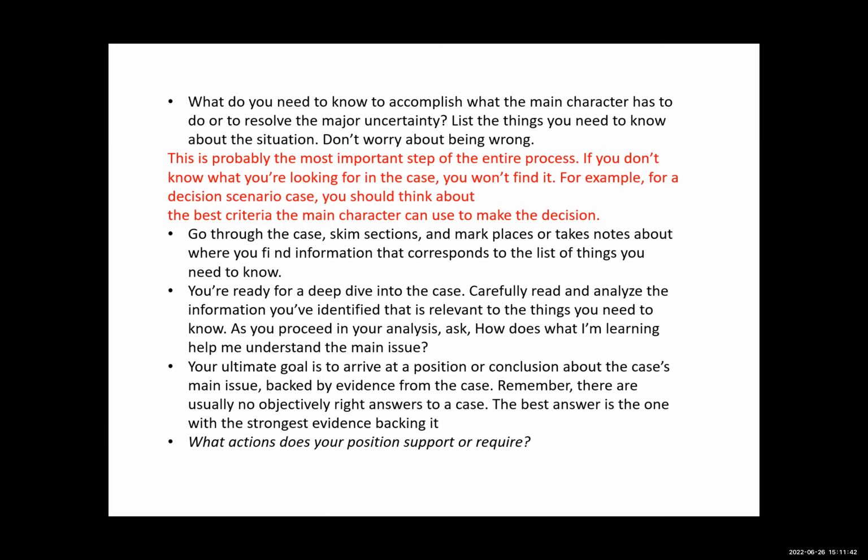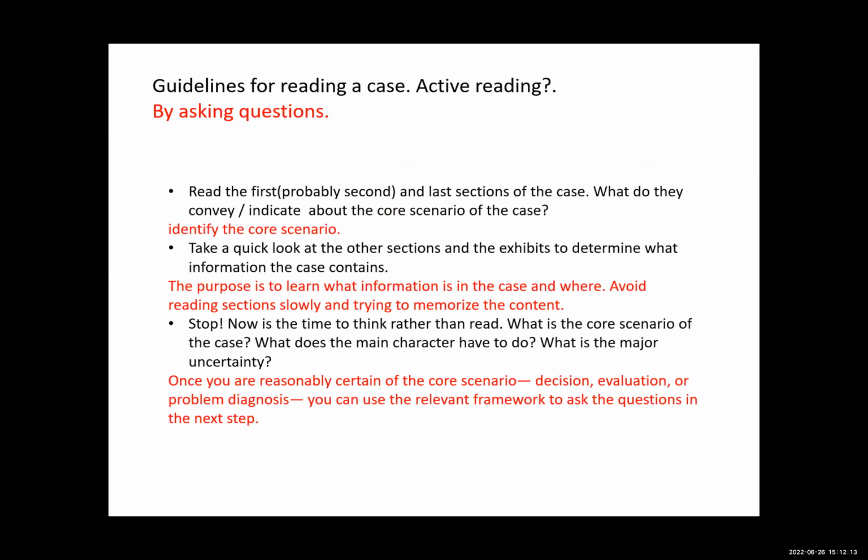Then, what do you need to know to resolve the uncertainty? I'm also a little bit lazy, so I write the same thing. What do you need to know to accomplish what the main character has to do? I want you to not just note this down, but internalize it. I believe in internalizing certain concepts. Think through and internalize.